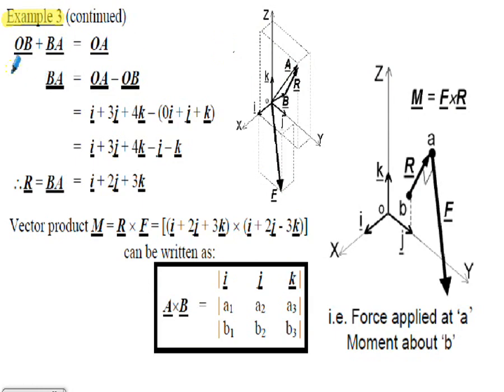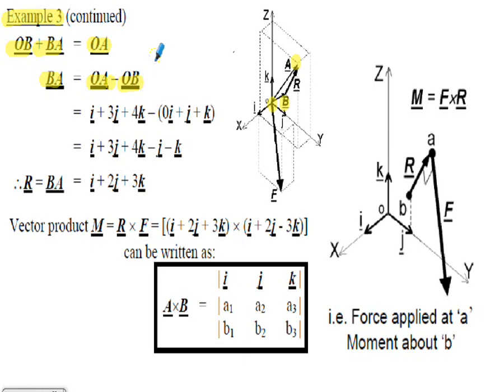From vector algebra, looking at the diagram on the right, OB plus BA, in other words starting at O and going to B and then adding B to A, is the same as going directly from O to A. We want to find BA, labelled R on the diagram, so rearranging, BA is equal to vector OA take away vector OB.